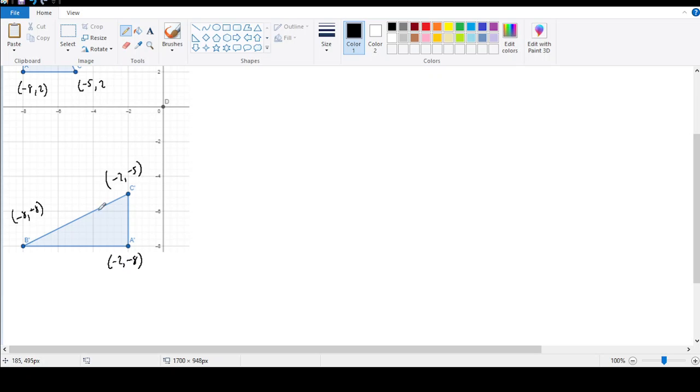Our matrix for rotating 270 degrees clockwise is as follows: 0, 1, -1, 0, and that will be multiplied with any point or points, and that should yield the -y, x. Okay, so let's see how this works out.